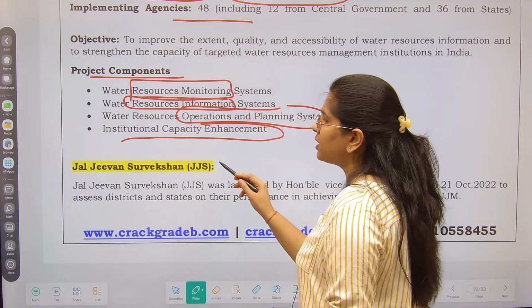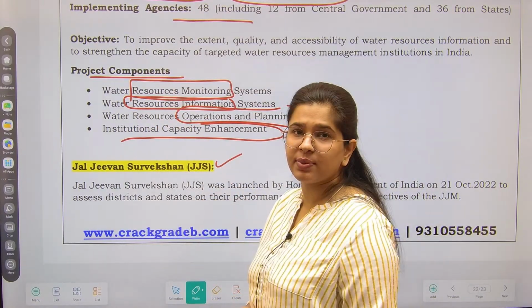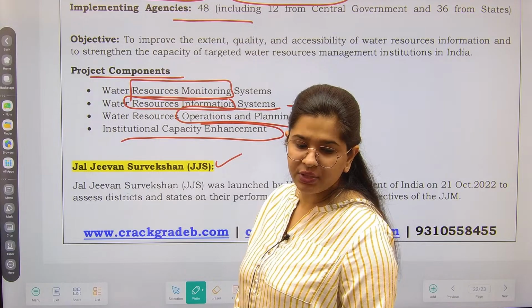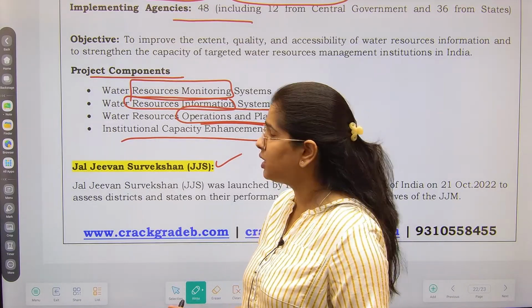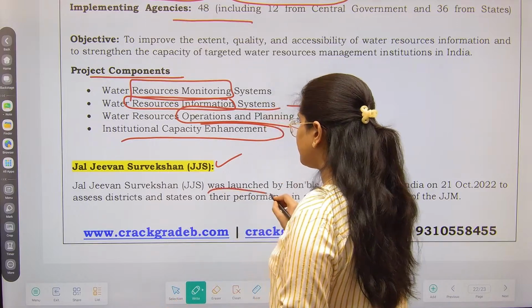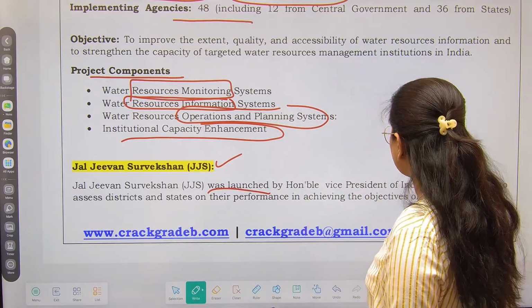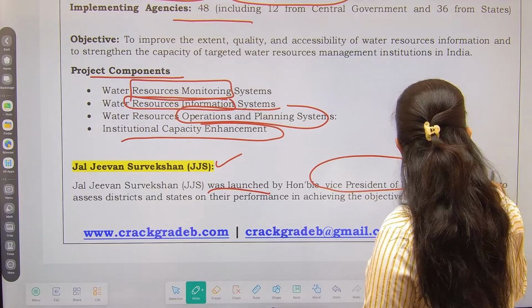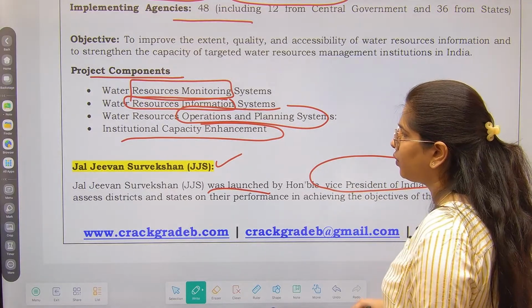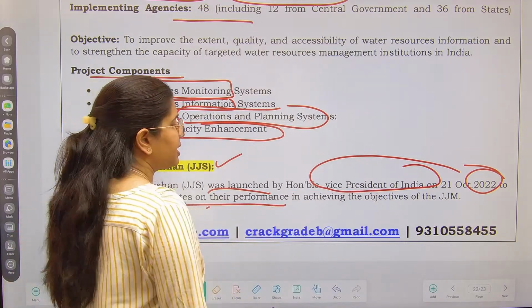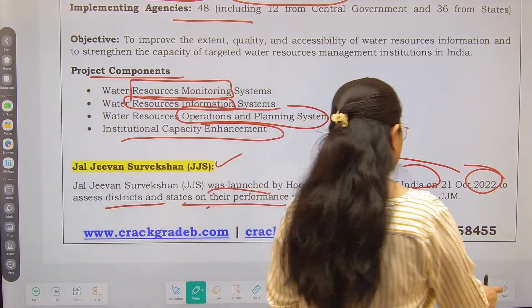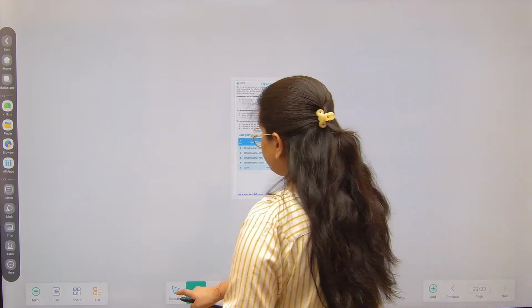So there has been a Jal Jeevan Sarvekshan that has been launched, right? So this is one of the tools to achieve this particular mission aim. Jal Jeevan Sarvekshan was launched by the Honorable Vice President on 21st October 2022, to assess the districts' and states' performance in achieving the objective of Jal Jeevan Mission.